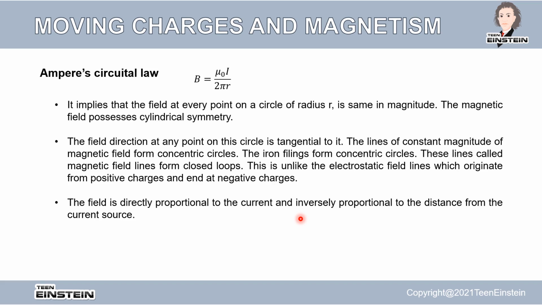If you remember, electrostatic field lines always originated from positive charges and they ended at negative charges. But in this case, the magnetic field lines do not start from any point or go to any point. They form closed loops. So there is no origin or end for the magnetic field lines. The field is directly proportional to the current and inversely proportional to the distance from the current source.